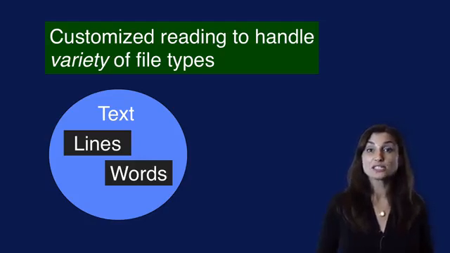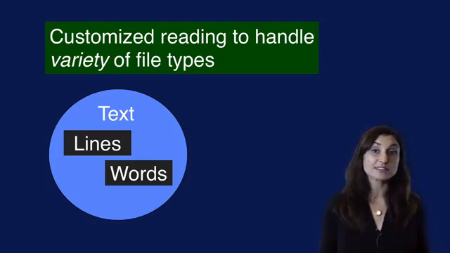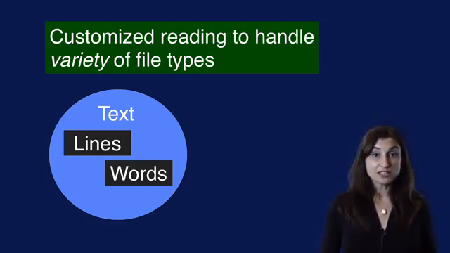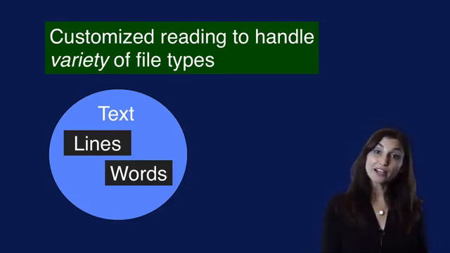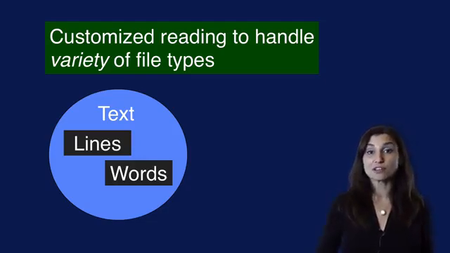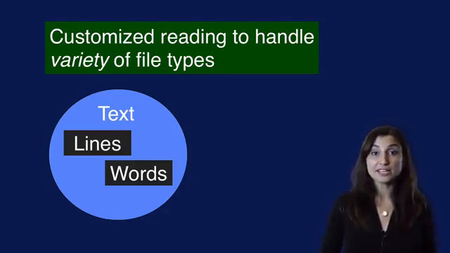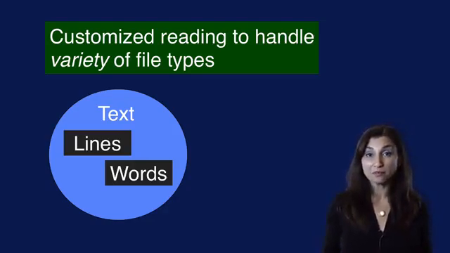HDFS is also designed to handle a variety of data types aligned with big data variety. To read a file in HDFS, you must specify the input file format. Similarly, to write a file, you must provide the output file format. HDFS provides a set of formats for common data types, but this is extensible, and you can provide custom formats for your data types.